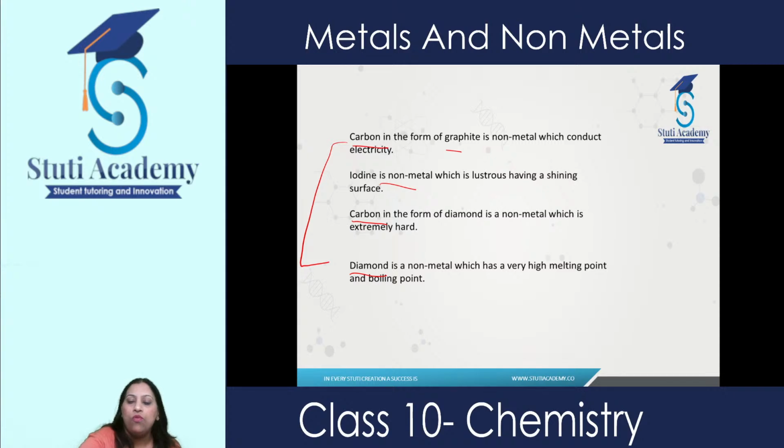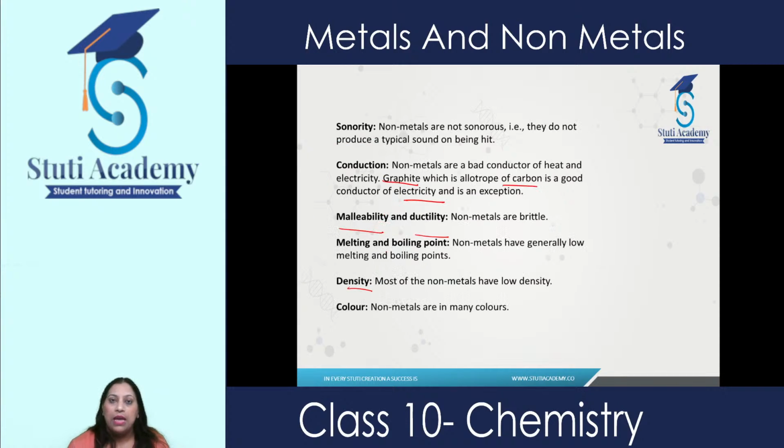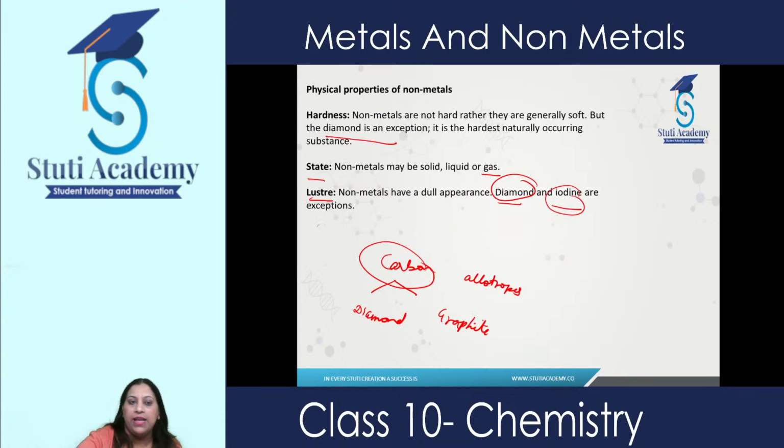So I am giving you one question as homework. Name the non-metal which is a good conductor of electricity. Write the answer in the comment box and revise these physical properties of non-metals.